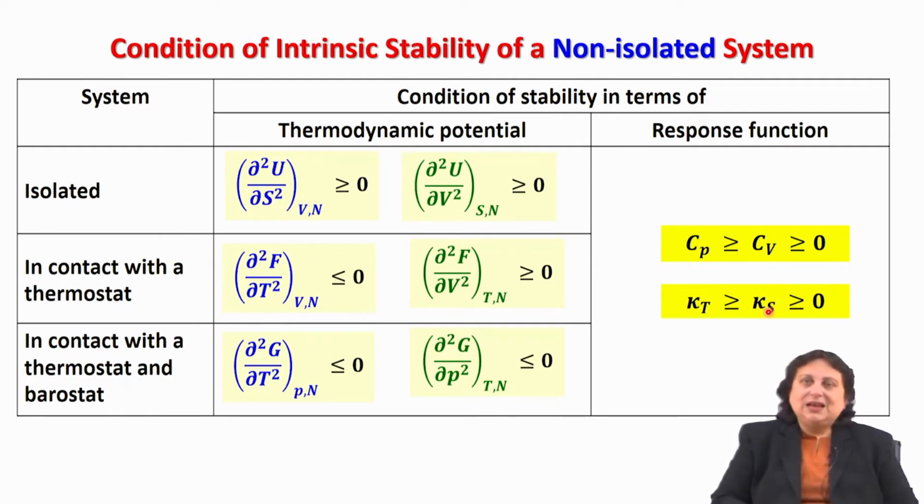Therefore, as you see, if you are carrying out some experiment and trying to come up with, for example, an equation of state for your given system, and you want to test whether for certain values of the state variables the system is going to be stable in that particular state, all you need to do is measure or estimate the response functions like specific heat or compressibility and check if they are positive.